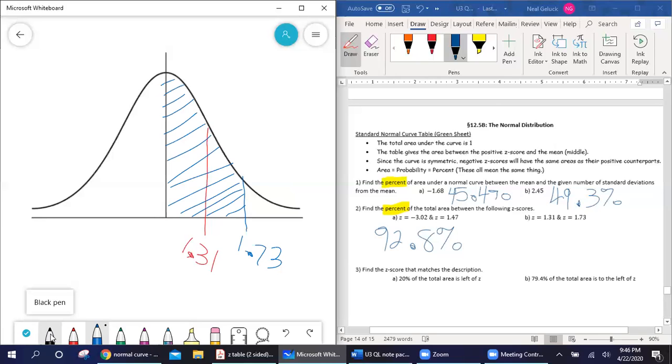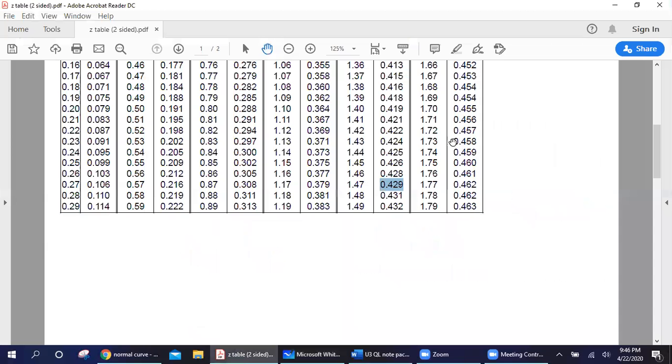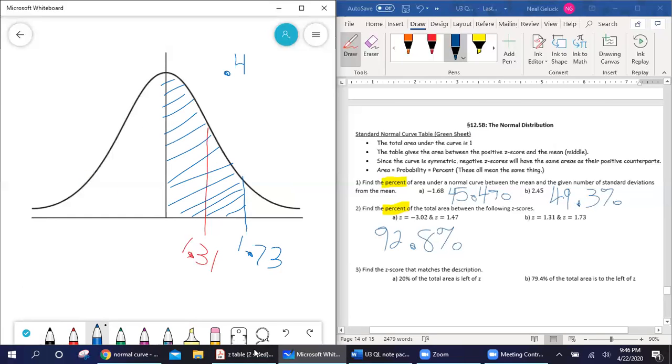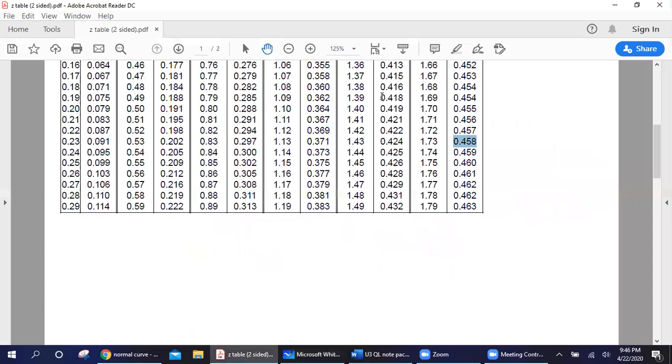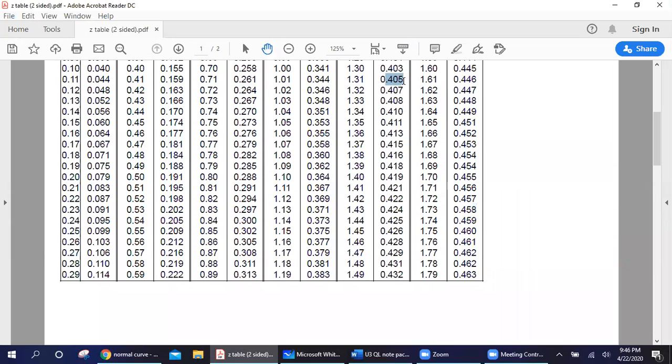So I'm going to look at the 1.73 z-score. 1.73 goes with 0.458. So the blue area is 0.458. But I don't want all of this red area included in that. I only want the area between the red and the blue. So I'm going to subtract off the red area. So if I go to 1.31, that has an area of 0.405.